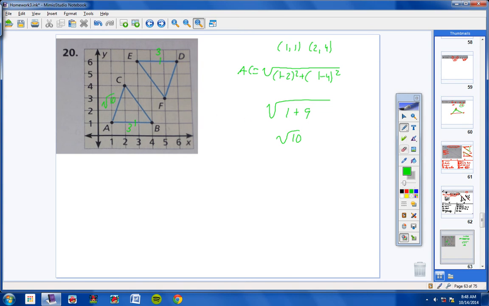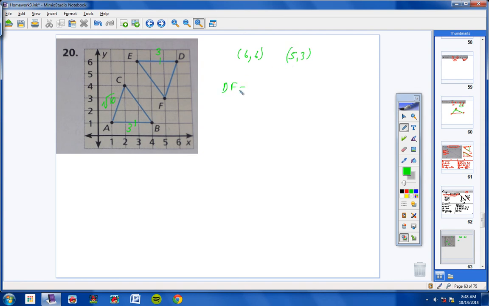All right. Now, it looks like to me probably side DF would be the same. So let's do DF next. We have 6, 6, and for F we have 5, 3. So that's the distance of DF. So DF equals x minus x, 6 minus 5, plus y minus y, 6 minus 3 squared.